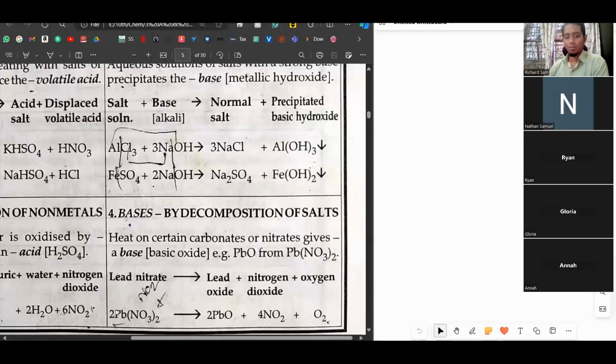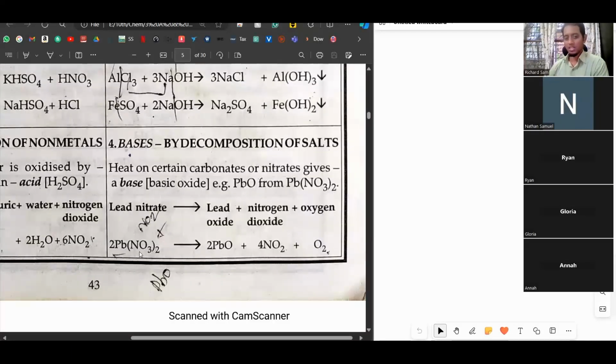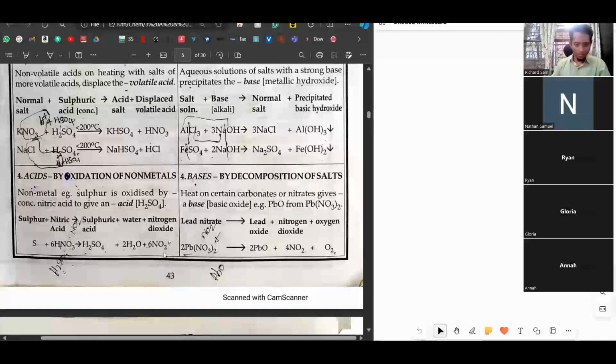By decomposition of lead nitrate. So lead nitrate is a salt. How do you decompose it? By heating it. So when you heat it, it decomposes. It splits into lead oxide, nitrogen dioxide, and oxygen. Okay. All of you write down these two reactions. I'll just come in a minute. Preparation of sulfuric acid and preparation of lead oxide.